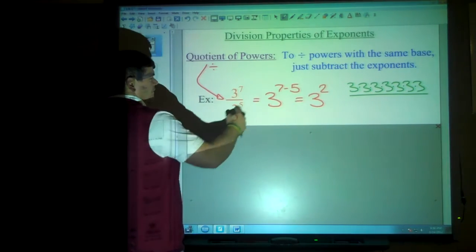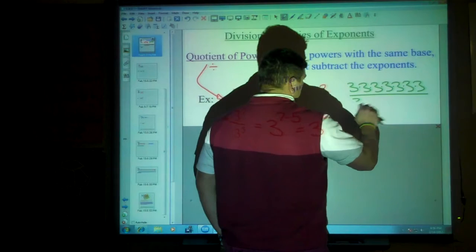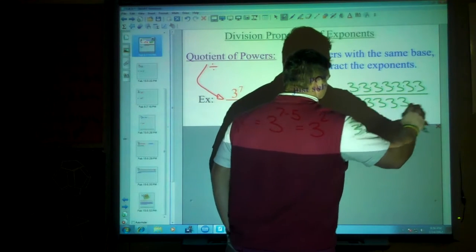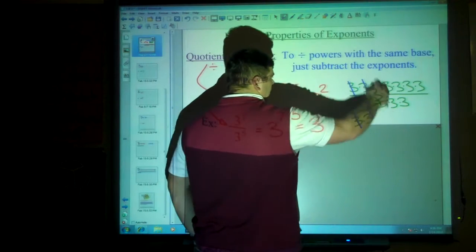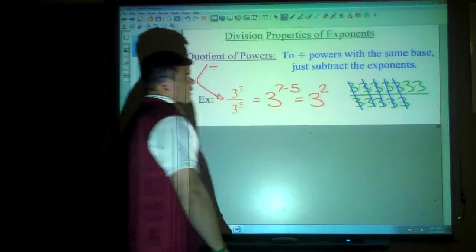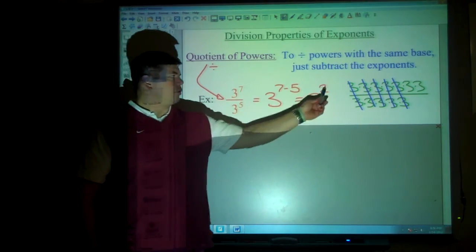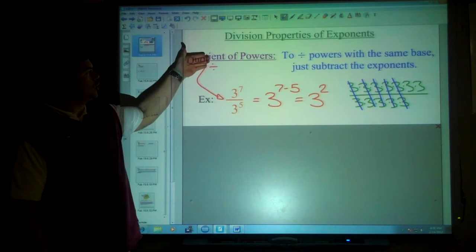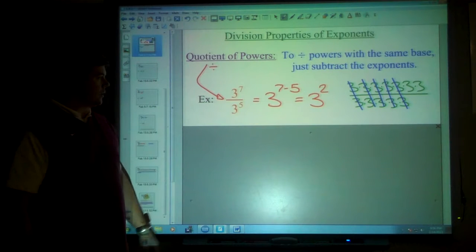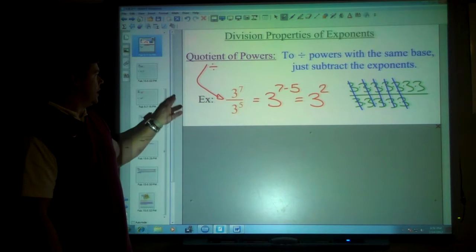And on the bottom you could have 5 threes, 1, 2, 3, 4, 5, all being multiplied together. And whatever's on the top and the bottom of this multiplication will end up canceling out. And what you're left with is 2 threes on top. So 3 squared over 1. So this is the quotient of powers. Same base, subtract the exponents. Saves us the time of having to do that.